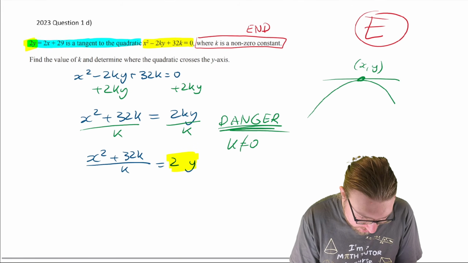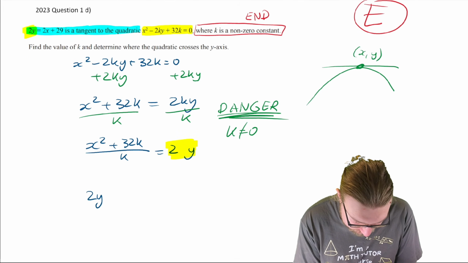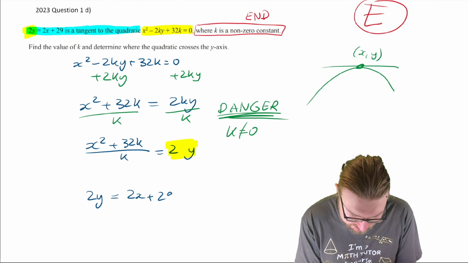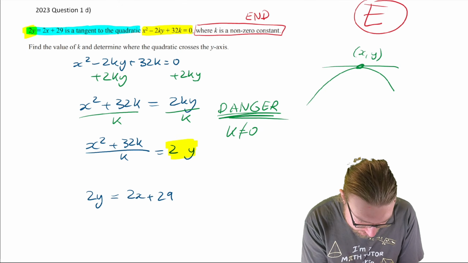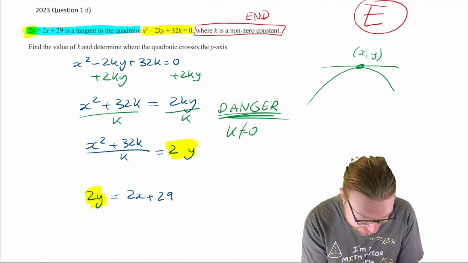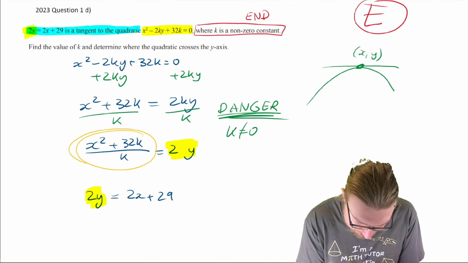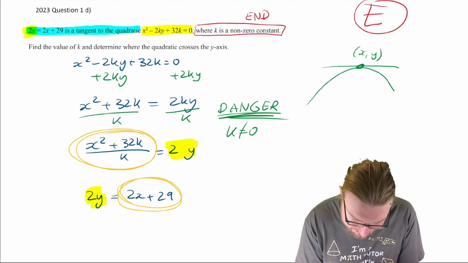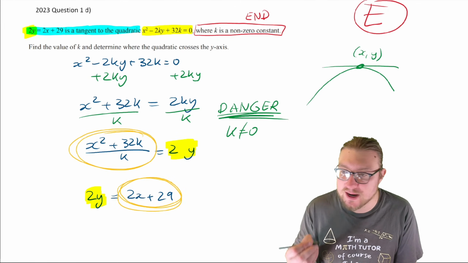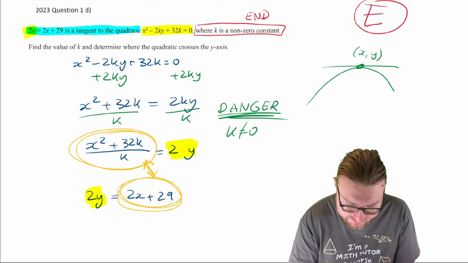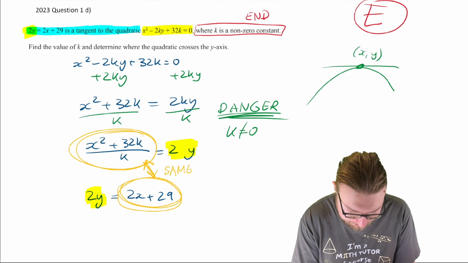If we look at the equation at the top, we have 2y is equal to 2x plus 29, and here again we have 2y. The way I want you to think about it is that this part is the same as 2y, and this one is the same as 2y. And 2y didn't change, so clearly those two must also be the same.